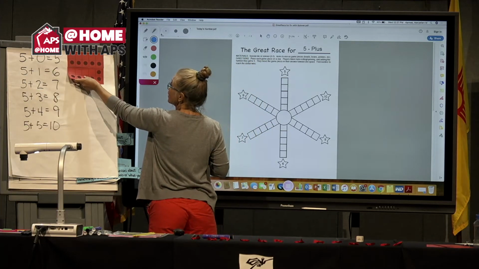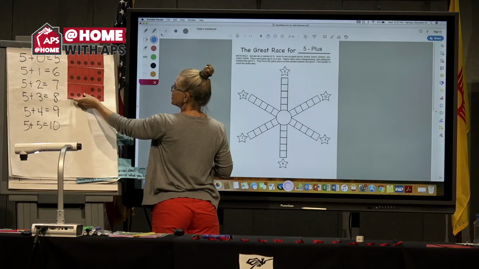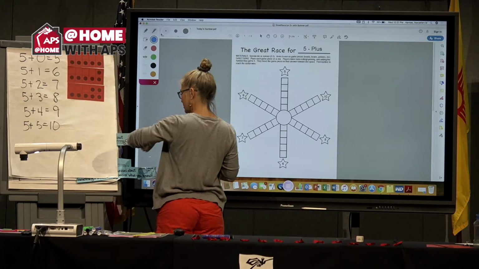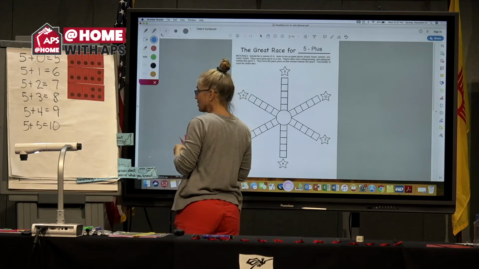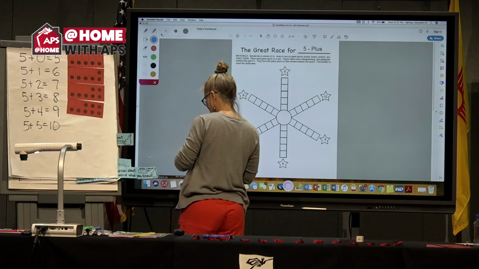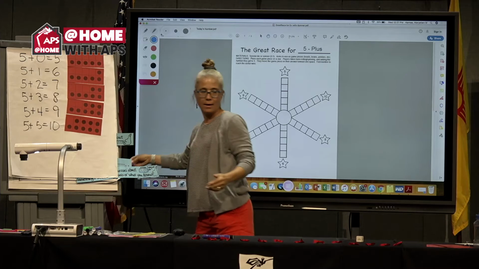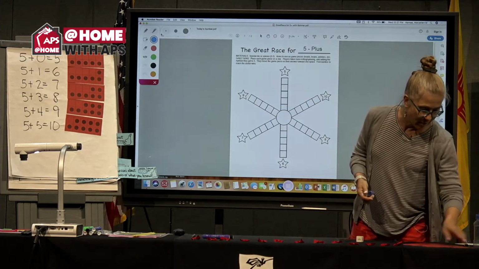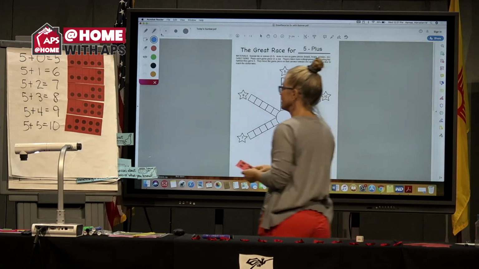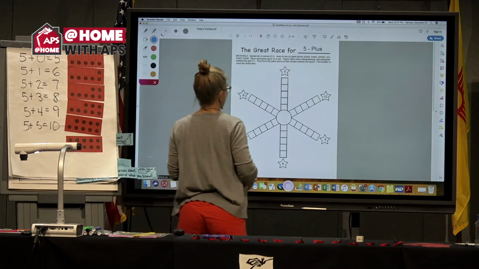Five plus 1 is 6. 5 plus 2 is 7. 5 plus 3, 8. 5 plus 4, 9. And our last one, 5 plus 5, makes a full frame, right? So that's 10. So we can use these to help us with our game today.